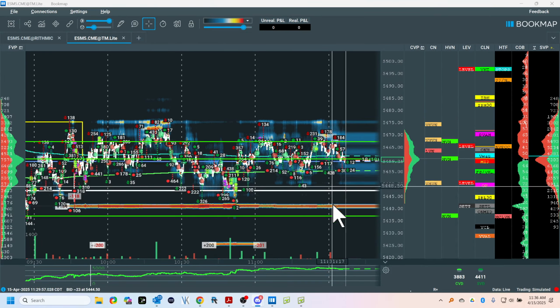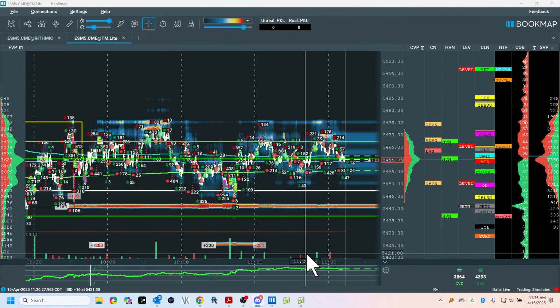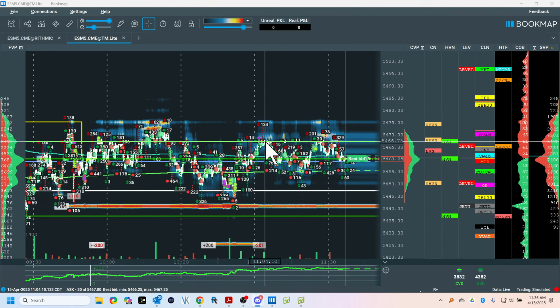If I get taken out and it breaks down and goes all the way down, then I'm out of my longs and I follow my plan. Is that my job? Yes. Can I predict the outcome? No. Am I a counter trend trader? Sometimes. Am I a counter trend trader at the moment? No. Not a recommendation.